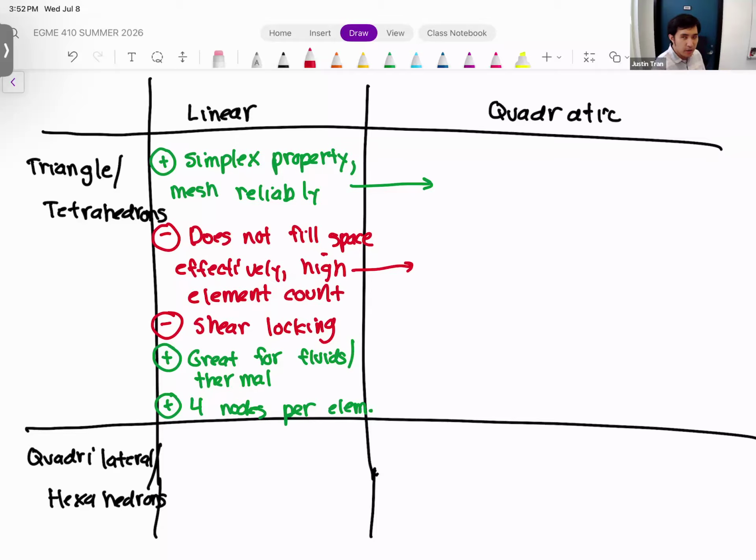Okay, so the first 2 points just kind of carry over. I'm not going to write them down again. The nice thing about quadratic elements is that you generally don't have to worry about shear locking.